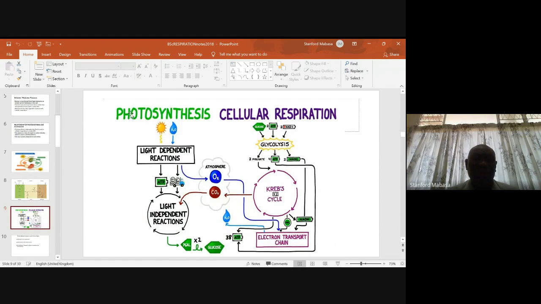So on one hand, we've got photosynthesis and cellular respiration. We have light-dependent reactions in photosynthesis, which emit oxygen. Then we have light-independent reactions leading to glucose production. On the other hand, we have breakdown of glucose via glycolysis, producing products which are required for the Krebs cycle.